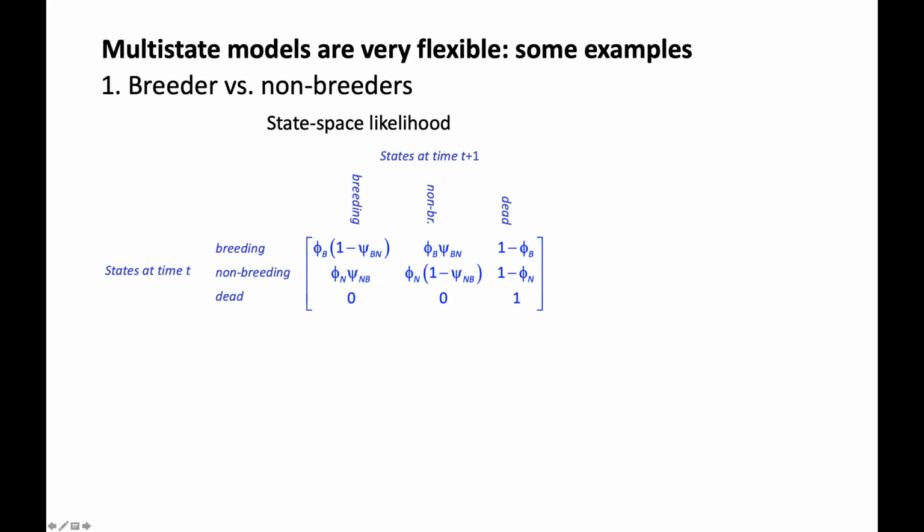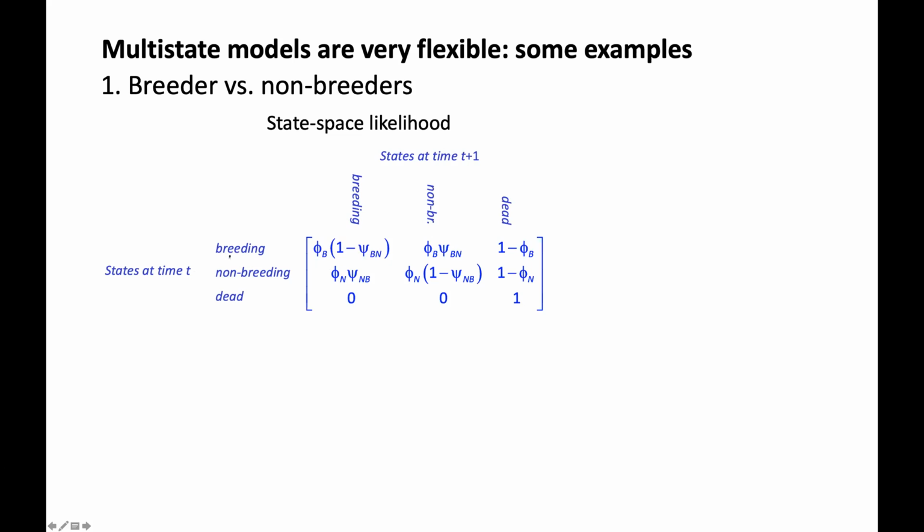At time t you are either breeding, non-breeding, or dead. And then at t+1, you might be breeding if you were breeding at the previous occasion with some probability, which is the product of survival of breeders times the probability of staying a breeding individual.